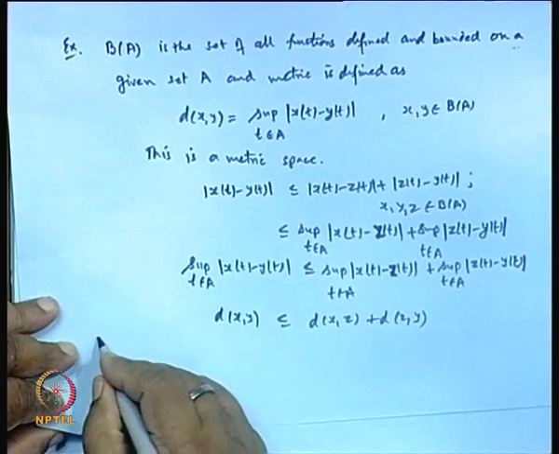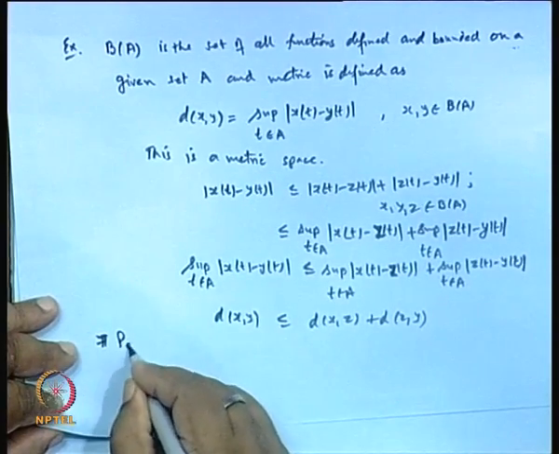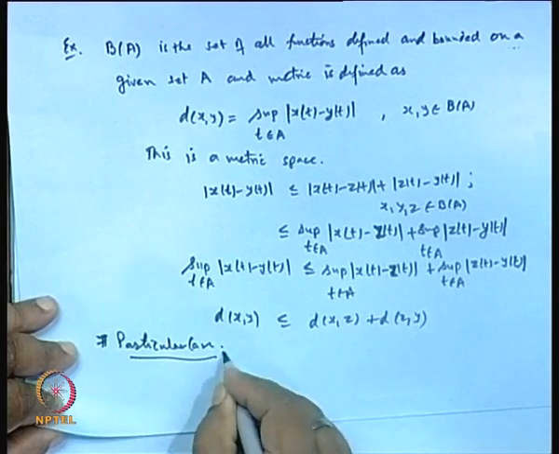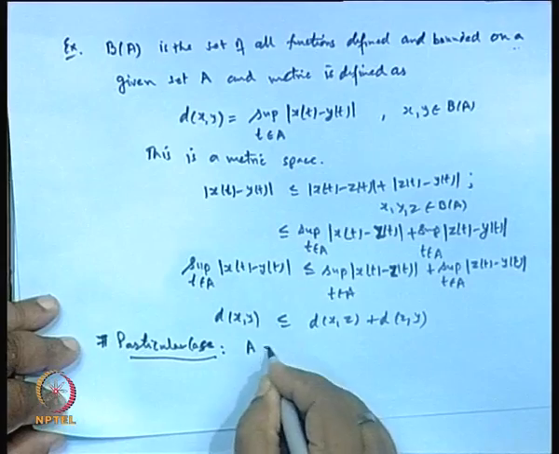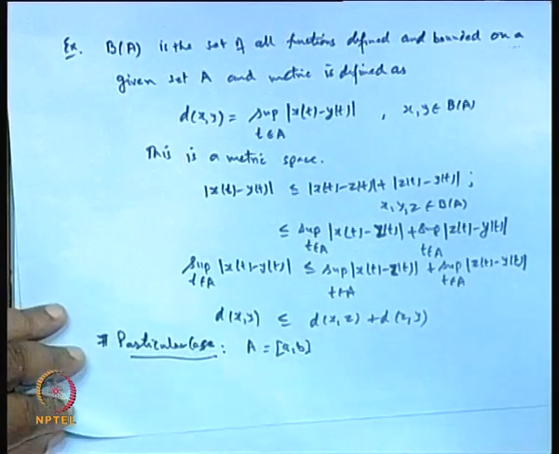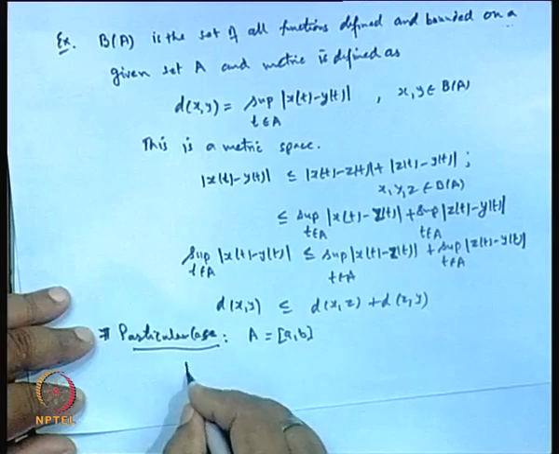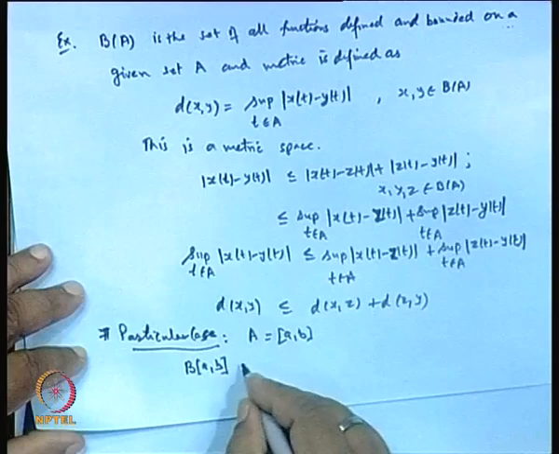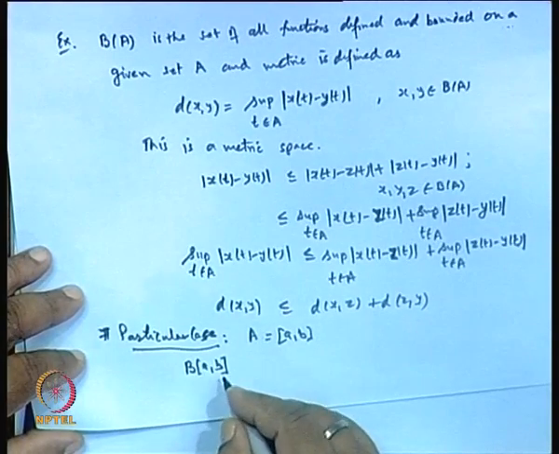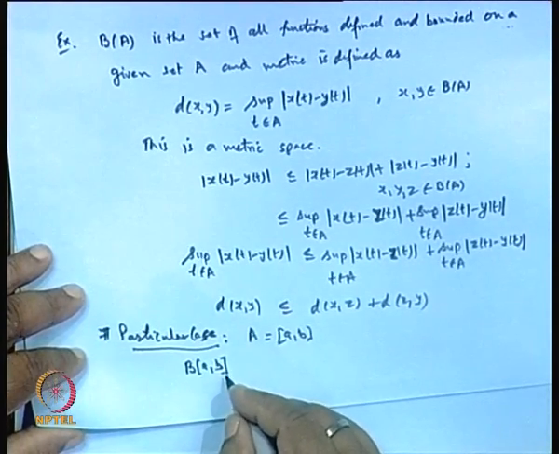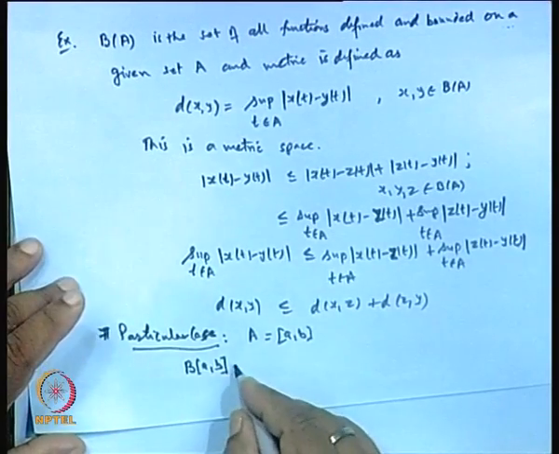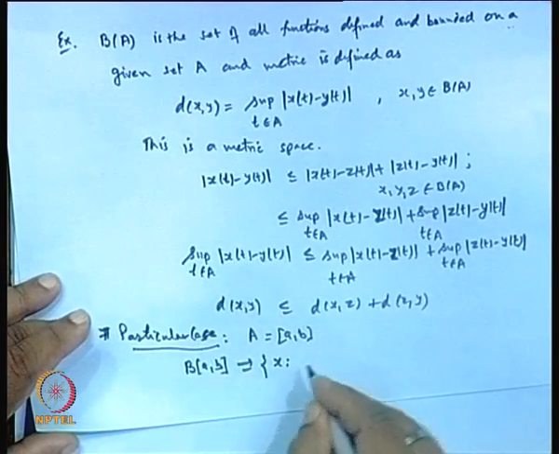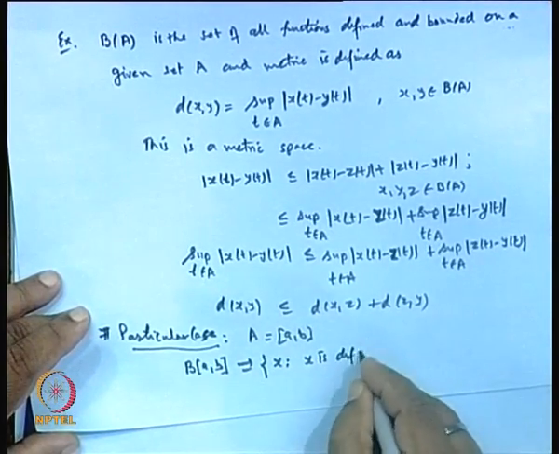Now, as a particular case, if A is replaced by the closed interval a, b, then this space we denote B of a, b, and we say it is the set of all bounded functions defined and bounded over the closed interval a, b.